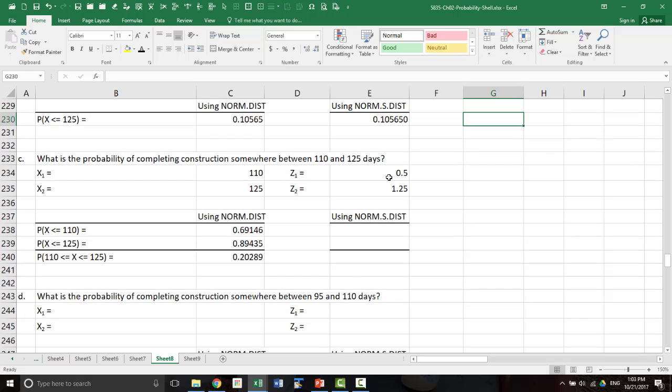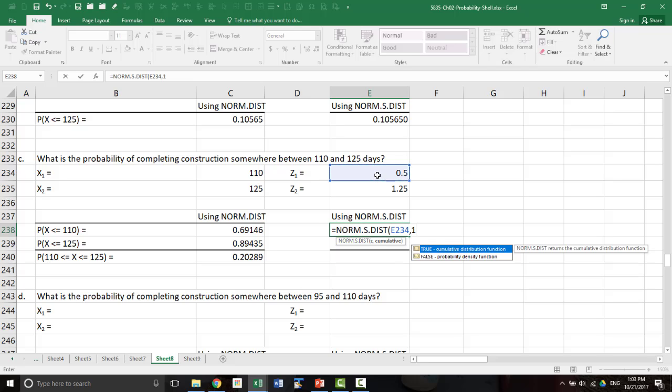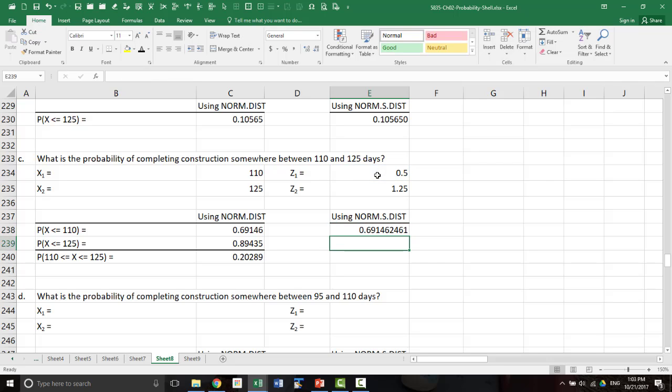So here are the z values, right? So then norm.s.dist of that, comma 1. And then for that, both are cumulative, so just subtract, you get the answer. So you can use either one of these.